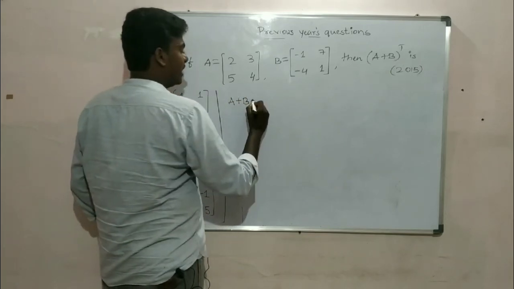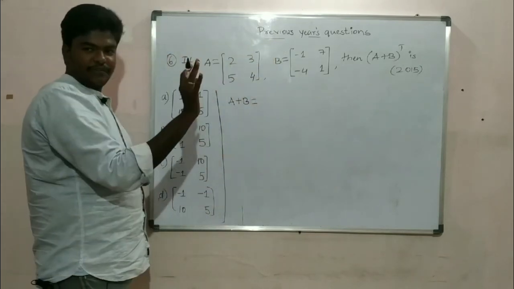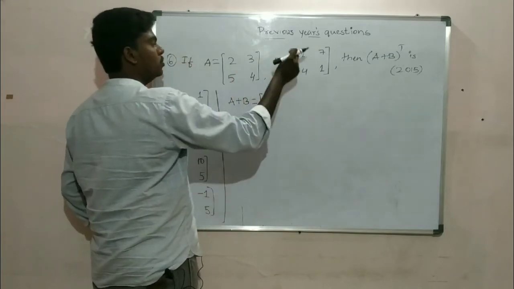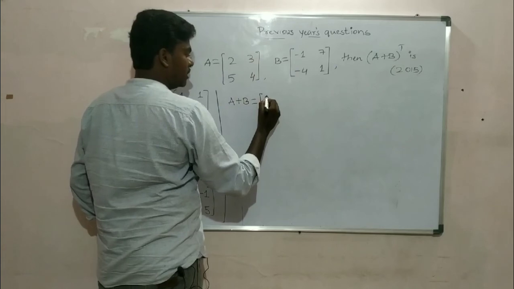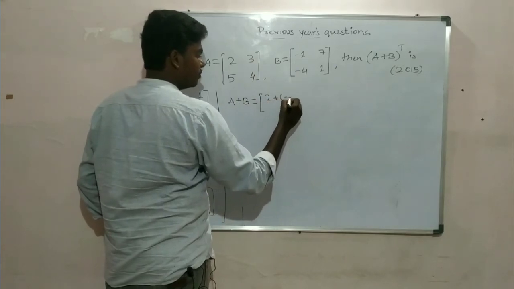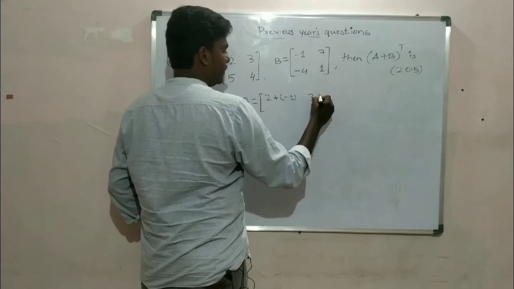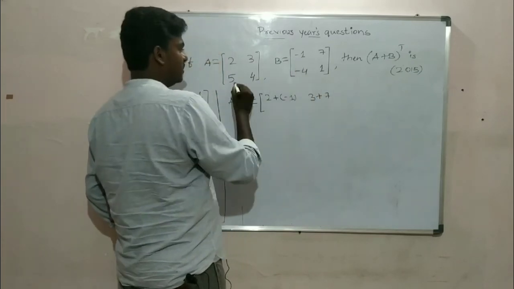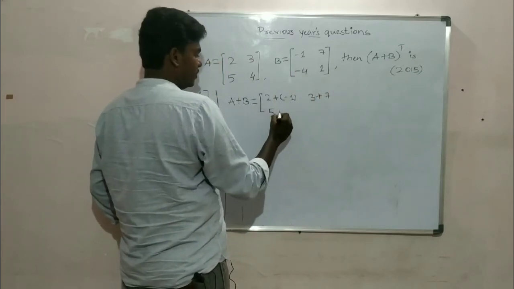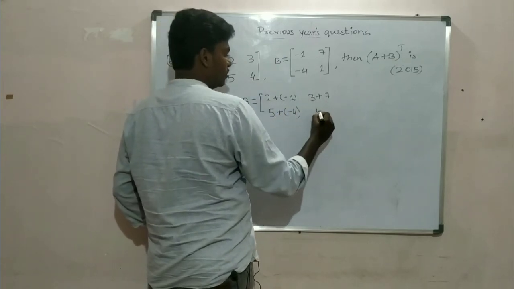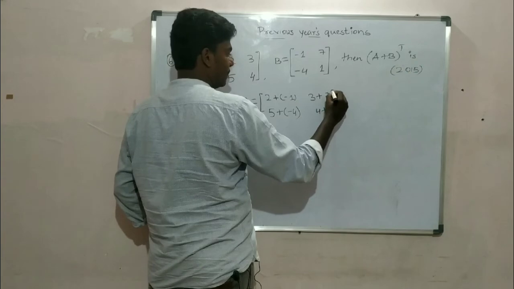We need not write the data here, we'll add it straight away. Directly we'll add 2 plus minus 1, 3 plus 7, 5 plus minus 4, 4 plus 1.